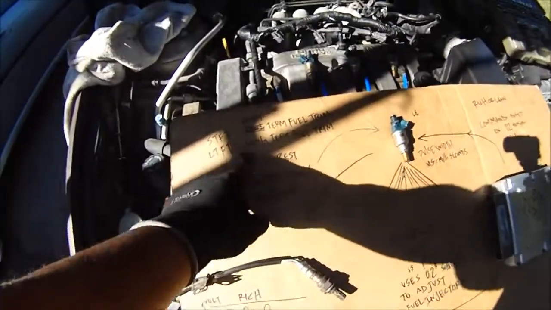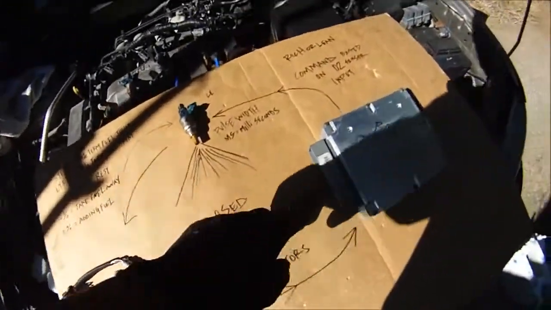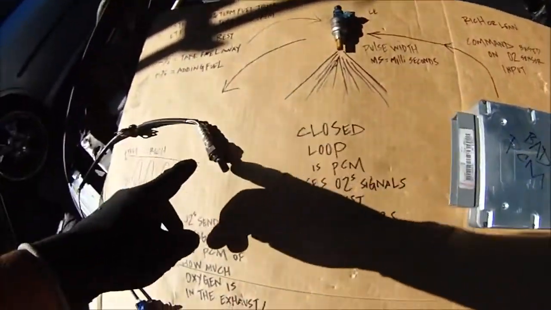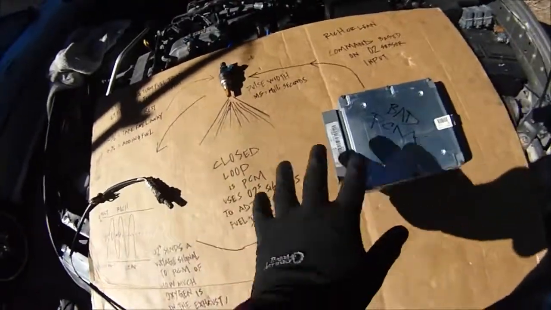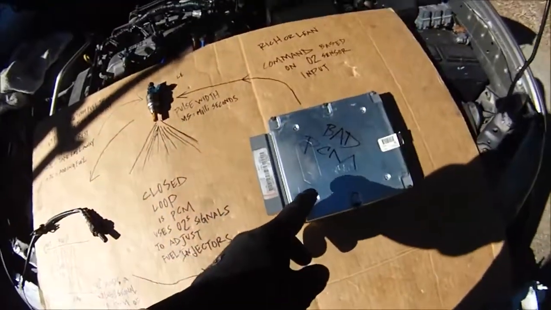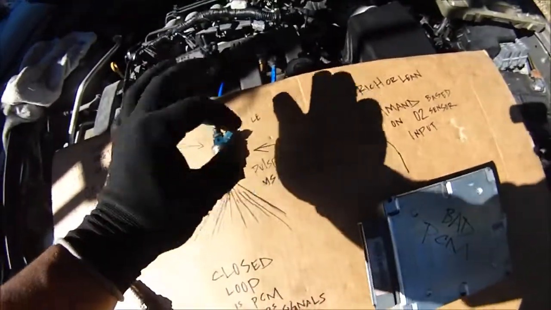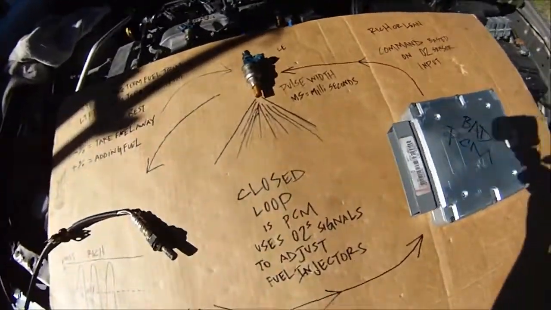Let's break down why the long-term fuel trim is high on the positive side, all right? This is closed loop right here. Closed loop just means the PCM is reading and communicating with the O2 sensor. They're communicating back and forth. This one's sending signals to the PCM. PCM is sending a command to the injector to open longer or shorter, which is called the pulse width, measured in milliseconds.